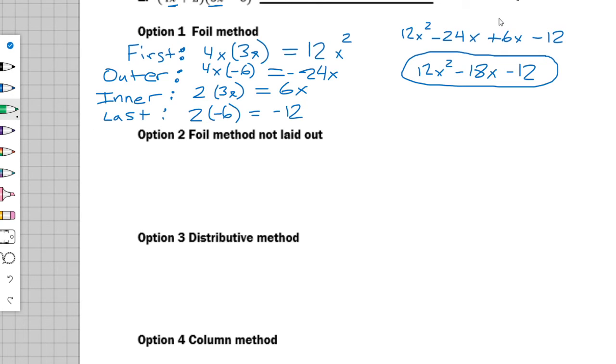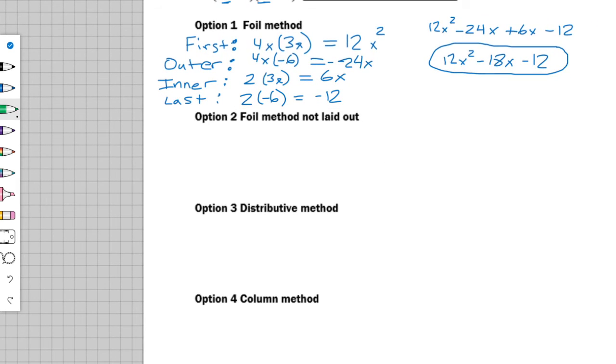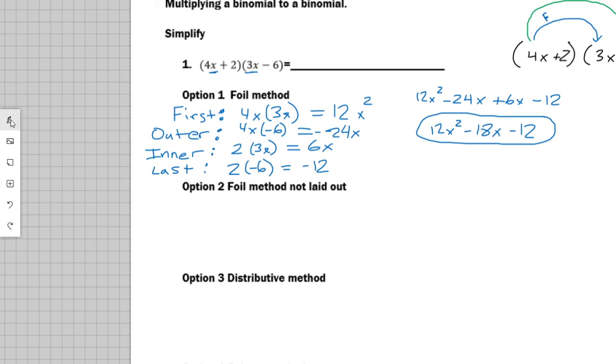It's going to look kind of weird. So first, and then outer. So outer.